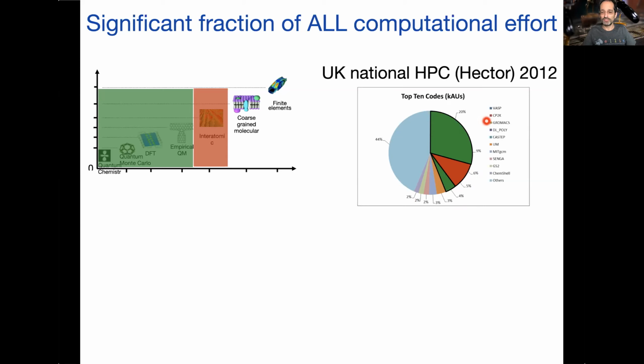I've colored the various codes according to whether they are electronic codes, green, or asking and answering questions on the atomic scale, so interatomic potential codes. And you can see that more than a third of UK non-military computing is spent on solving the Schrodinger equation, either electronically or on the atomic scale.